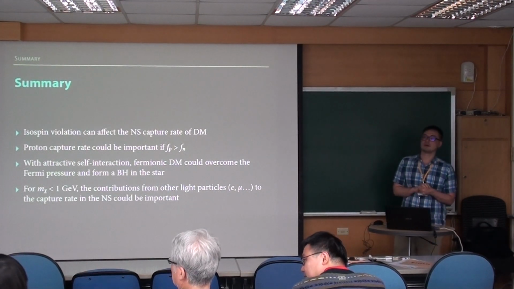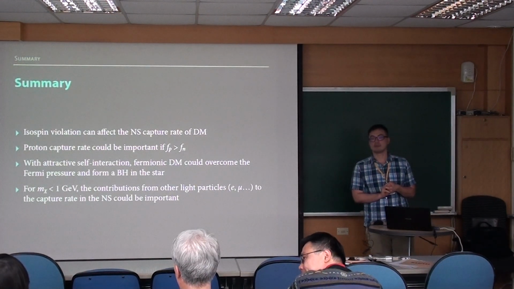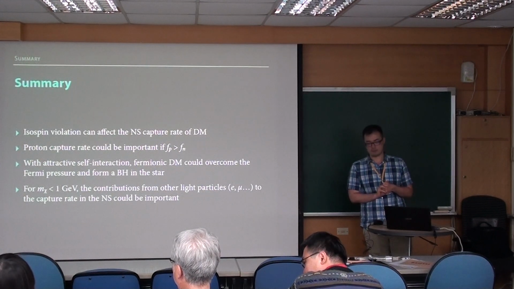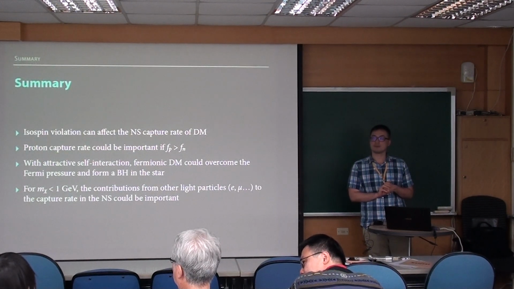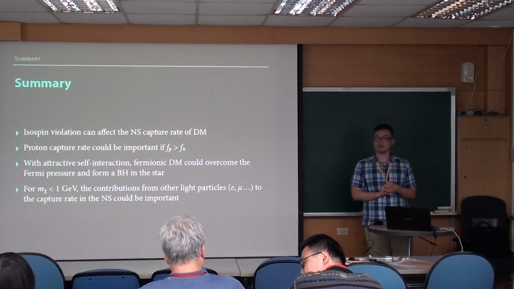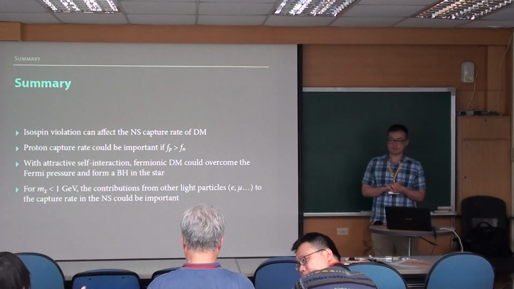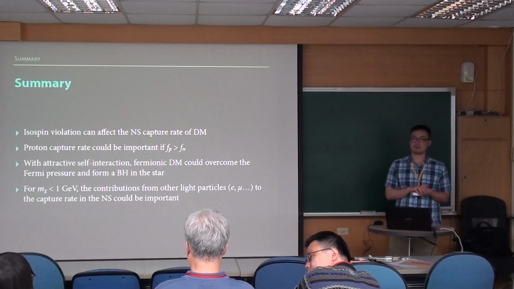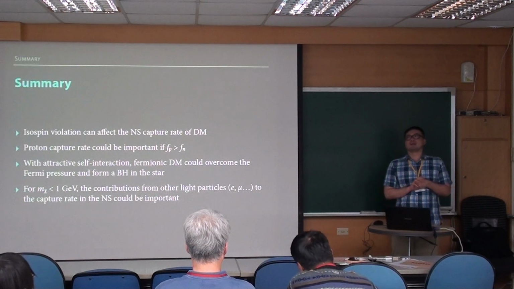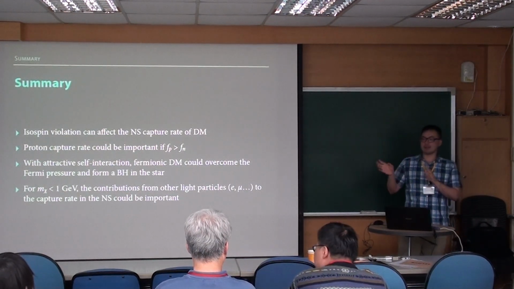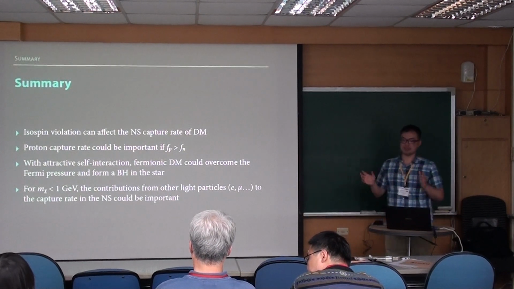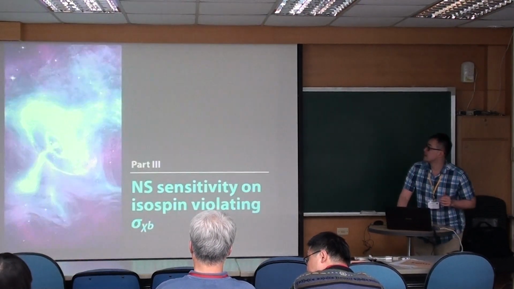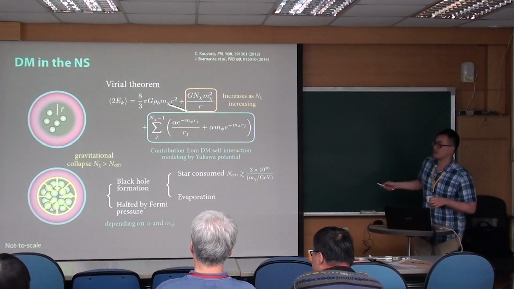Since you have an interaction between this dark matter and the atoms, how do you ensure that the dark matter will not just stay on the surface of the neutron star? I mean, you capture the dark matter, and then it goes into the core of the neutron star. Oh, in general, where the dark matter will go after the scattering depends entirely on the Vero equations.